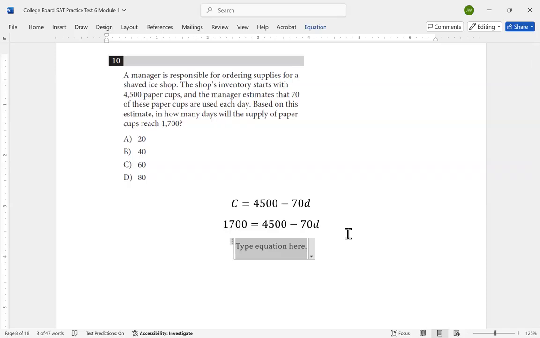I will subtract 4,500 from both sides, giving me negative 2,800 is equal to negative 70 times D. Dividing both sides by negative 70 gives me 40 is equal to D. So the number of days it takes to reach 1,700 cups is 40 days. And therefore, the answer to question 10 is B, 40.